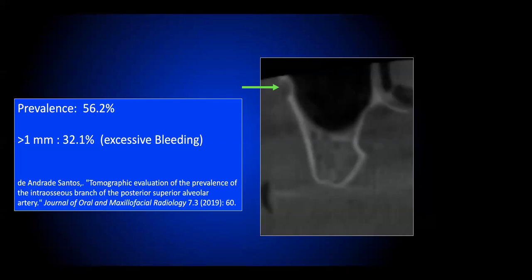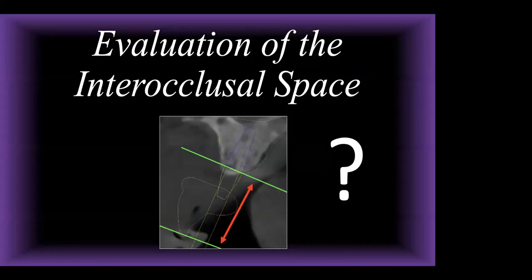And this one is certainly greater than 1 millimeter and would be a significant issue or something you should be concerned about beforehand, so you're prepared for that. If you want to know how to treat that, I have a section in the complications and also the new surgery book on different ways to counteract that if it does hemorrhage on you.